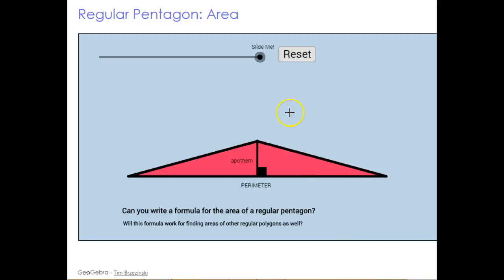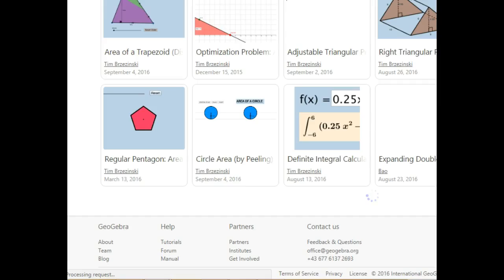And I'm curious to see if there are other demonstrations that'll help maybe let kids investigate this a little bit more. We'll just look real quick, area of a regular pentagon.